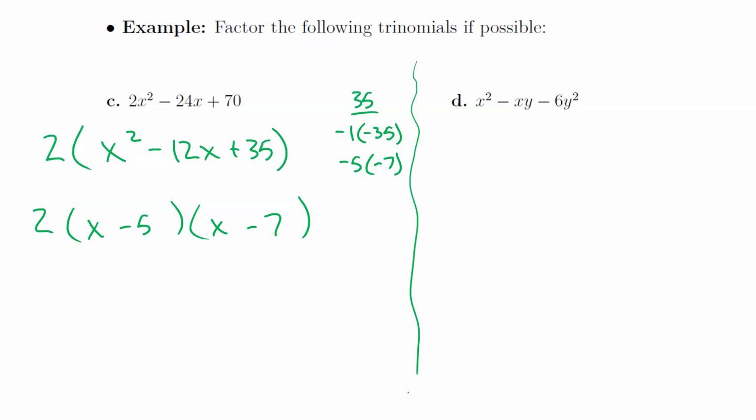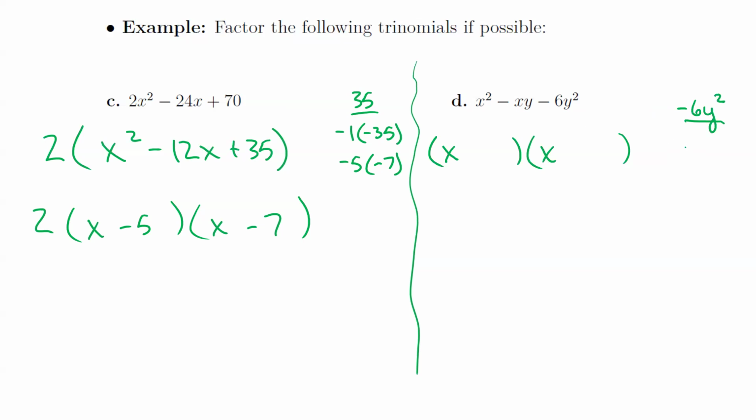And then part D is another one of those where we've got multiple variables involved, which is intimidating at first. But once again, just think about it like this. You're going to have to put an x here and an x here. And then you've got to think about the ways of making negative 6y squared. This is a middle term, right? Of that's negative.